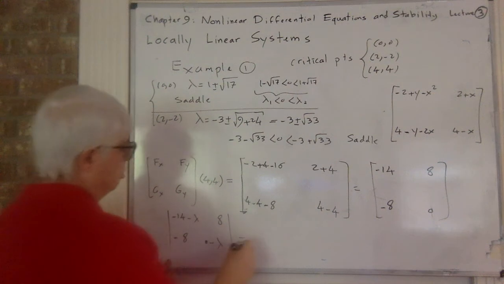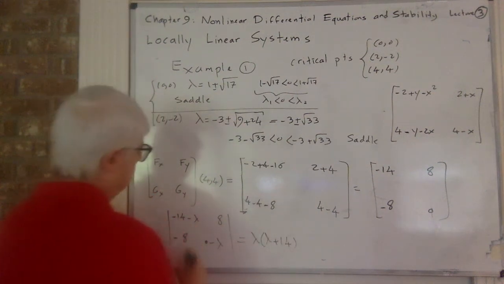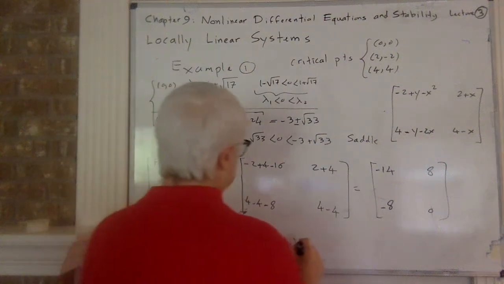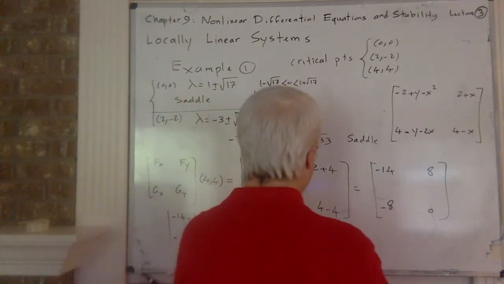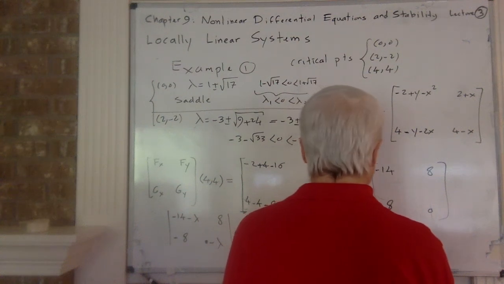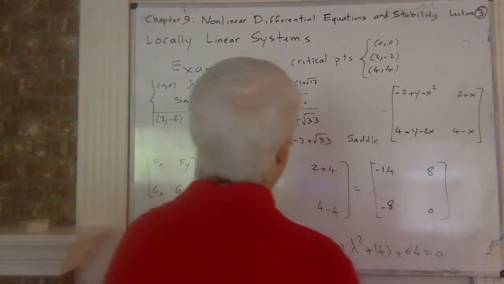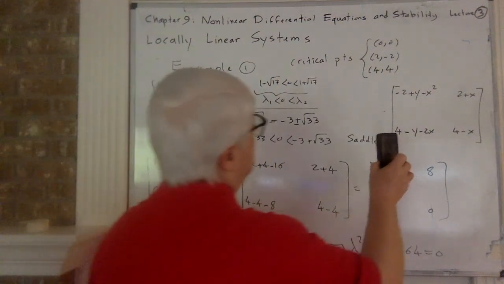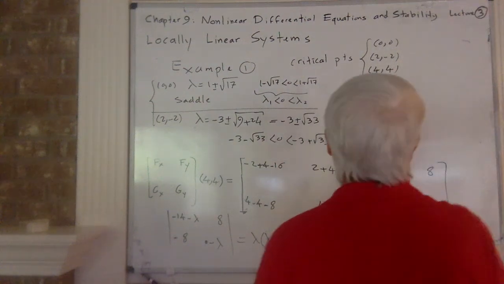So I have lambda times (lambda plus 14), just change the sign of both of them. 8 times 8, that is plus, in fact, 64. So I have lambda squared plus 14 lambda plus 64.